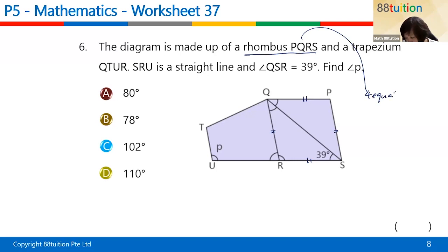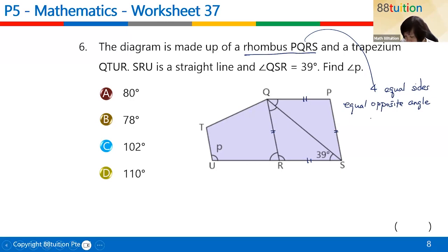You have 4 equal sides. Then opposite angles are equal. Then we have 2 isosceles triangles.